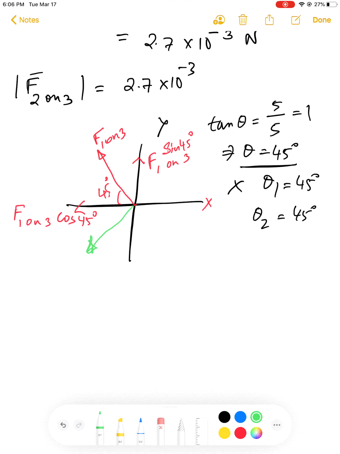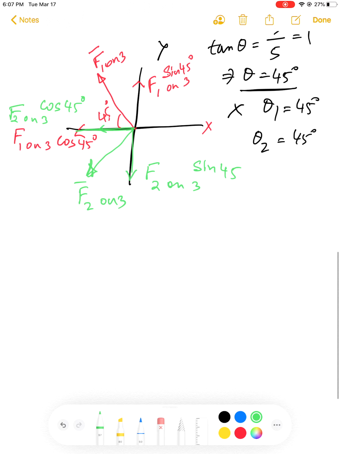For the 2 on 3, this is F2 on 3. And let's make sure that you have the directions. So for 2 on 3, you have one component that is along the negative y-axis, right? This is F2 on 3 times sine 45 degrees. And then you still have one component along x, that is F2 on 3 cosine 45.